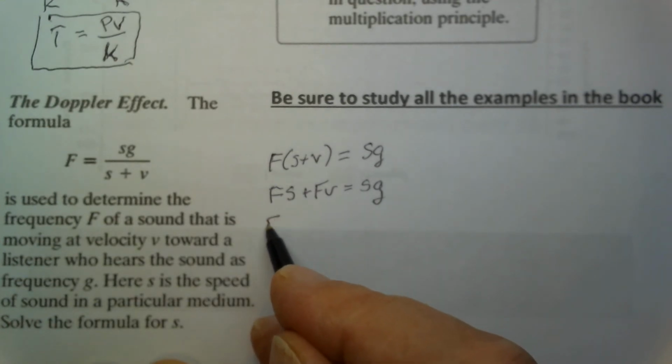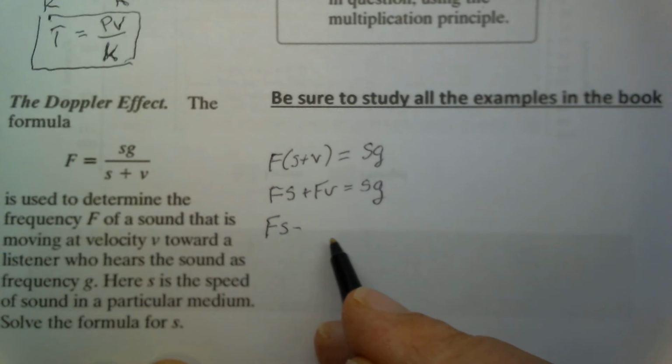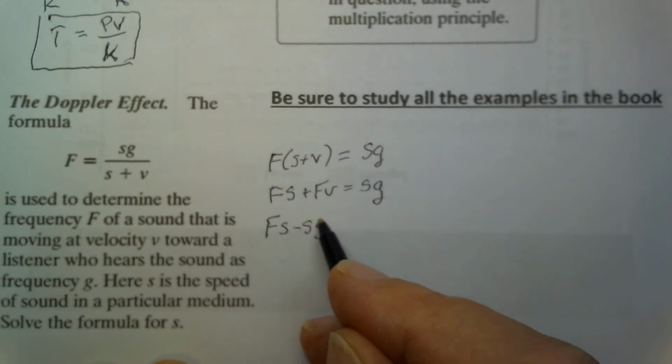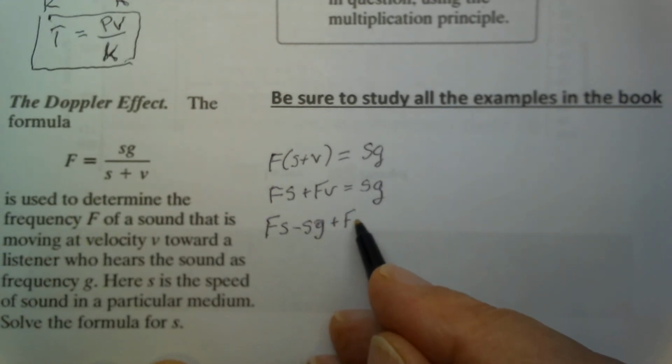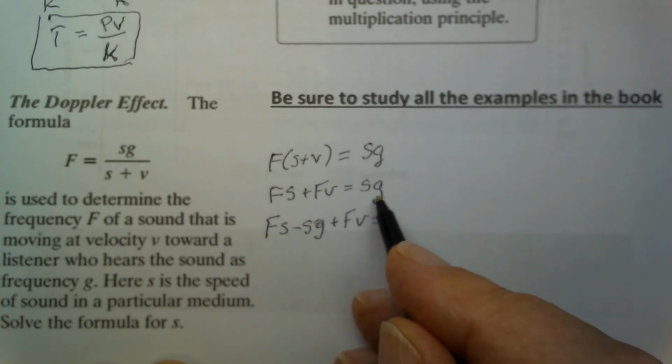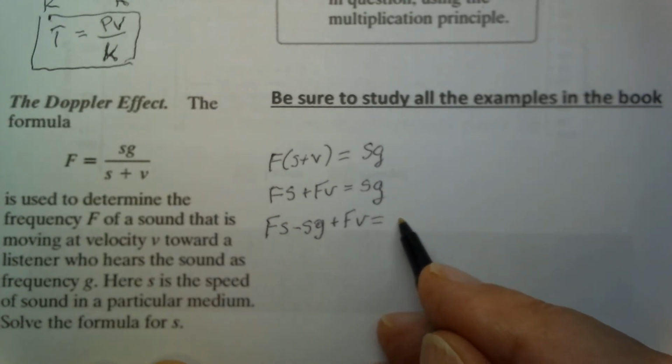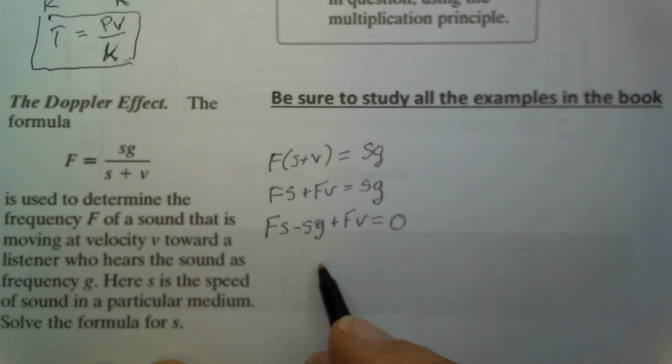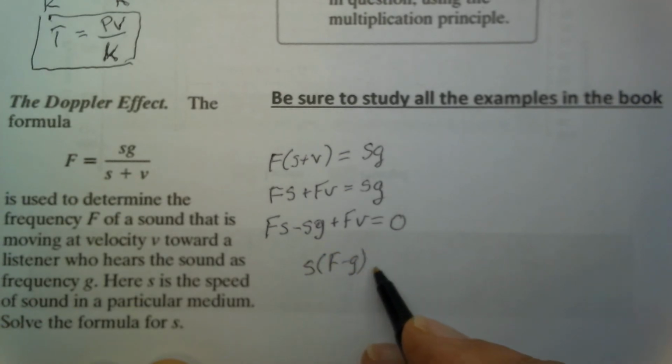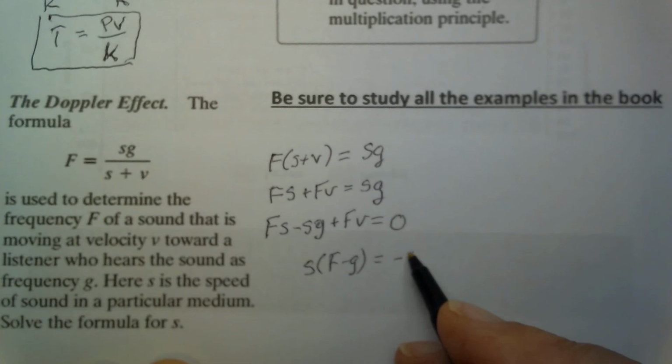It gives us fs minus sg plus fv equals sg minus sg, or 0. Then we factor out the s in this expression here. So s times f minus g equals minus fv.